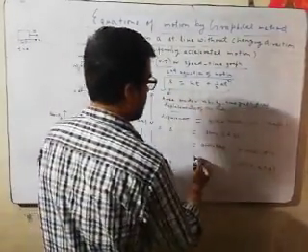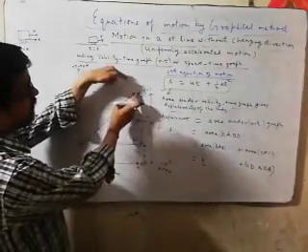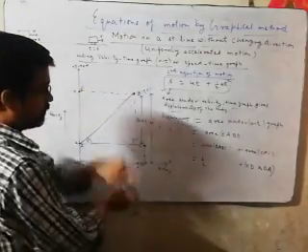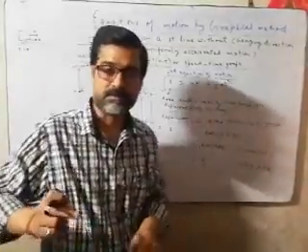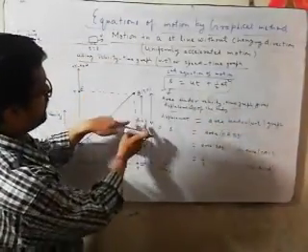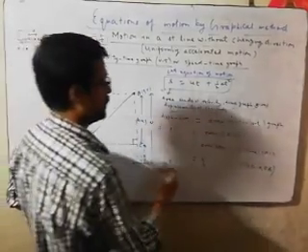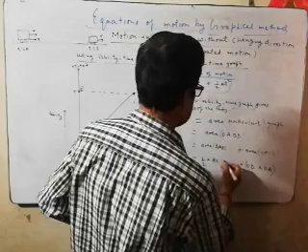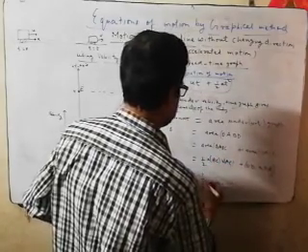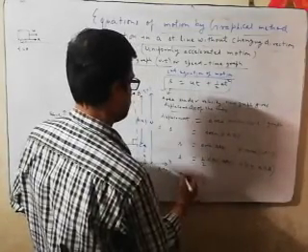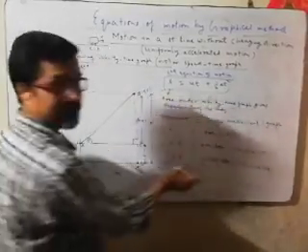Here, the area of triangle ABC is half into perpendicular BC into base AC. We can put the values.